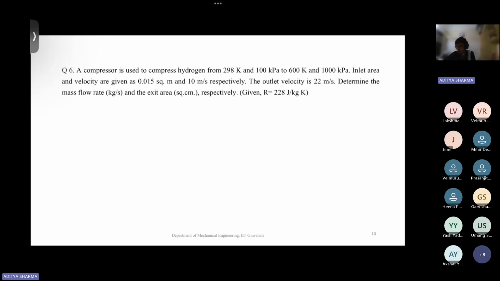So we just saw a diffuser. Now we have a compressor. Okay.